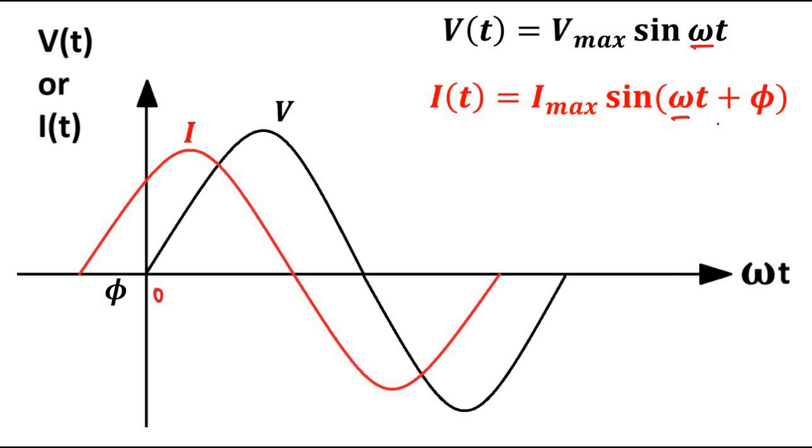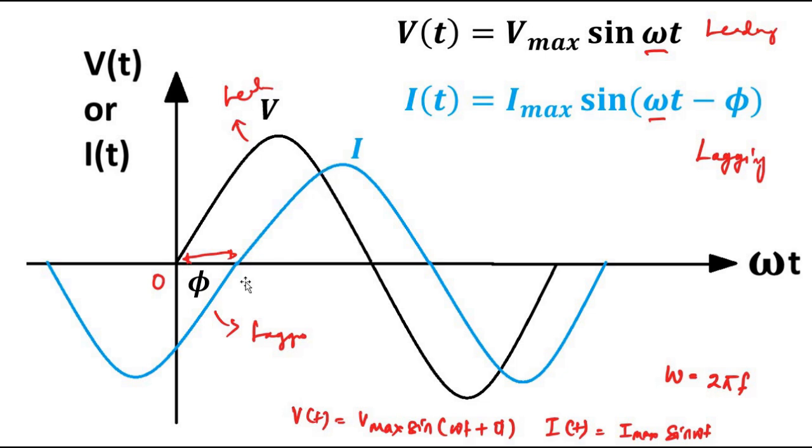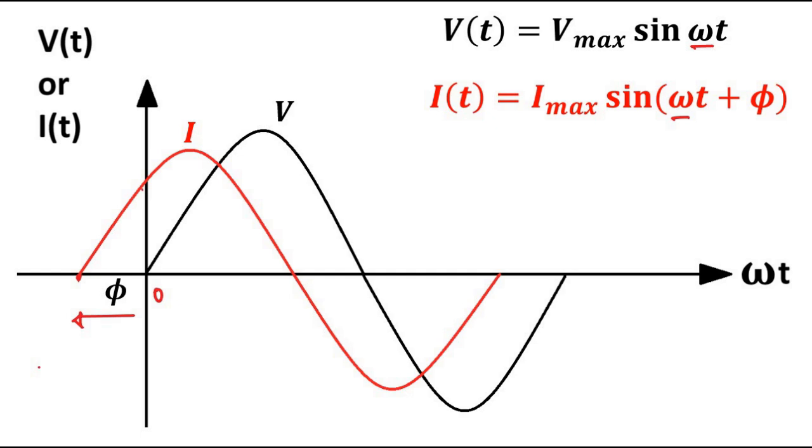Its 0 point occurs to the left of the origin by phi radian or phi degree, this much. So at t equals 0, it has some initial positive value. In the previous case, at t equals 0, the current had some negative value, and here I has some positive value, all characteristics of an initial phase angle.